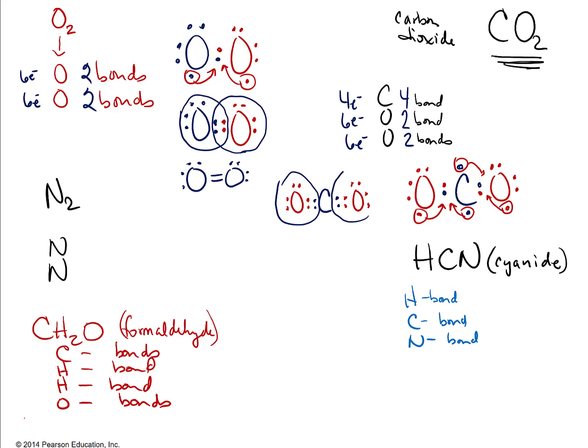This oxygen can behave like it has its 8. And this carbon has 4 on either side. Creates their stability. Double bond, double bond. And if I include the non-bonding pairs, those ones are in there.